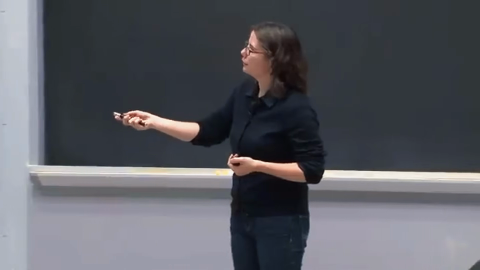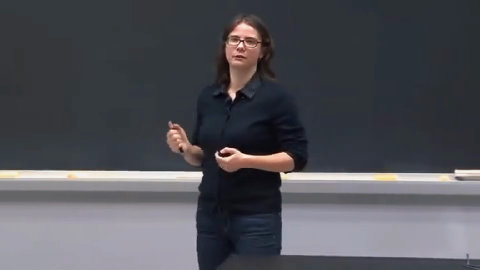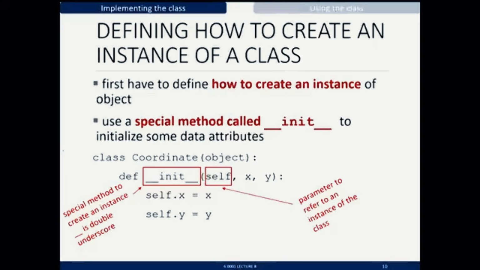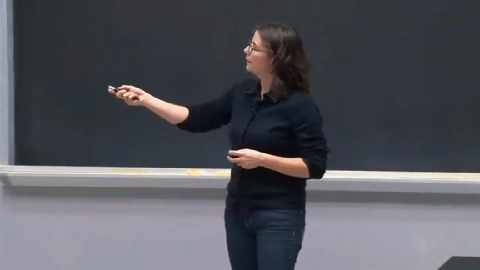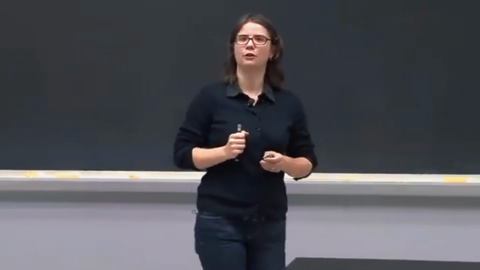So in the definition of the class, whenever you want to refer to attributes that belong to an instance, you have to use self dot, so this dot notation. The dot says, look for a data attribute x that belongs to this class. For methods that belong to the class, the first parameter is always going to be self.